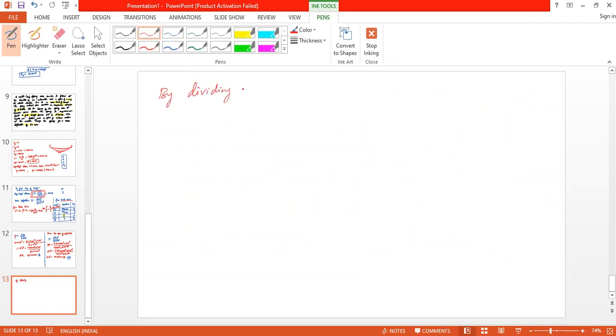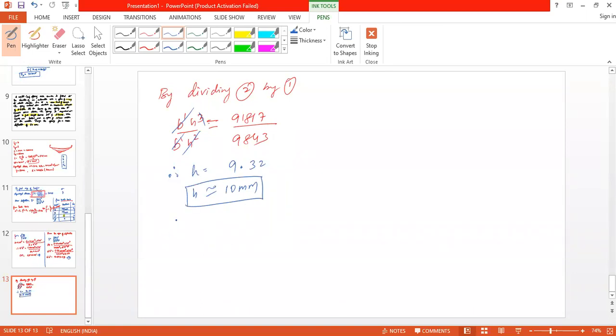By dividing 2 by 1, b dash h cube is equal to 91817, and that divided by b dash h square, that is equal to 9843. So here b dash will get cancelled, h square will get cancelled, so h is equal to 9.32, or we can say 9.327.